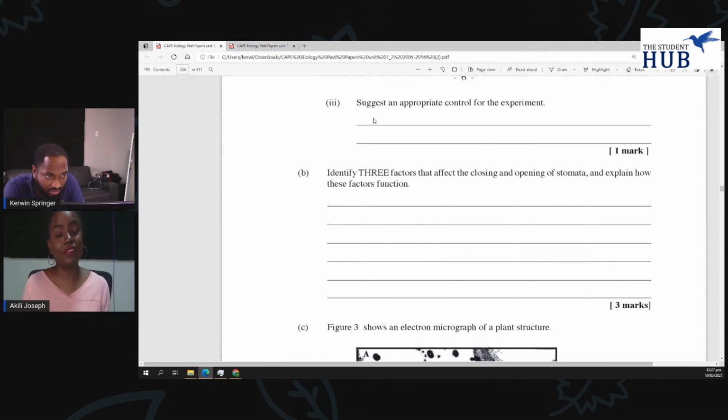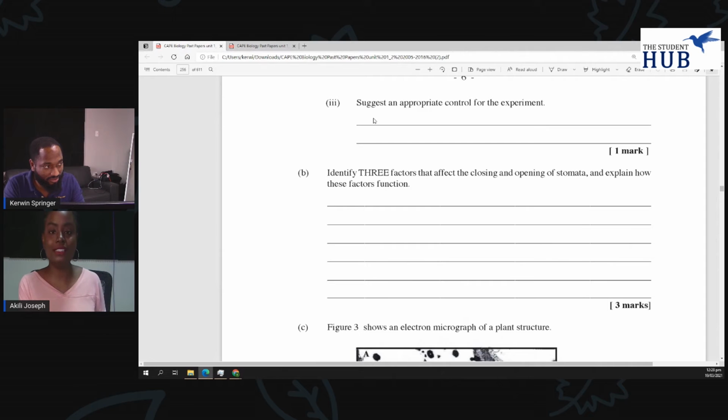So we have 2 possible controls we can set up here. One, you can set up the apparatus that has no Vaseline on either the top or the bottom surface to see what the maximum or the fastest rate of water loss would be. If we have a third setup with no Vaseline on the top or the bottom, we would expect transpiration rates to be highest in that apparatus.